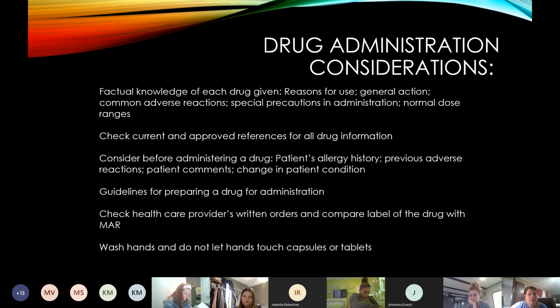We're going to check current and approved references for all drug information. When we are in the hospital setting, 90% of y'all's medication administration is going to use an EHR, the electronic record where you scan your patient, and we'll talk more about that when we're in lab.